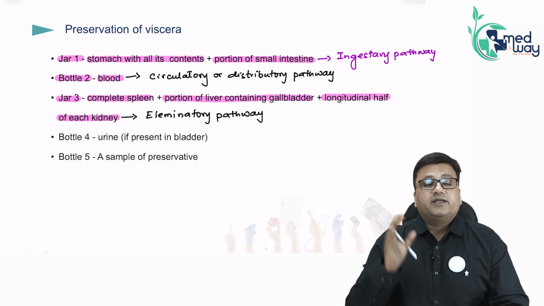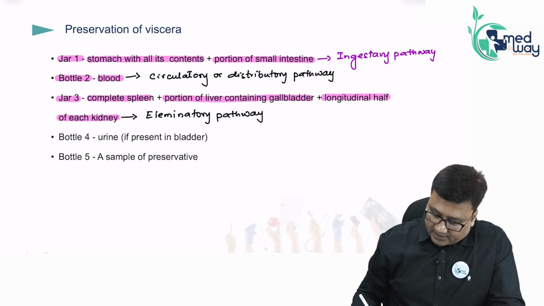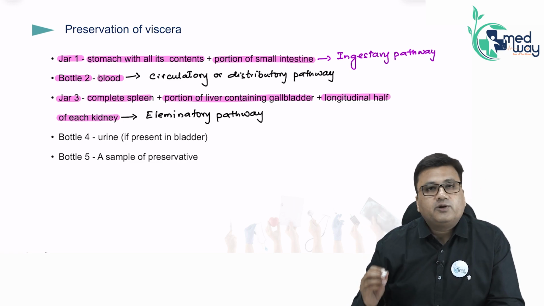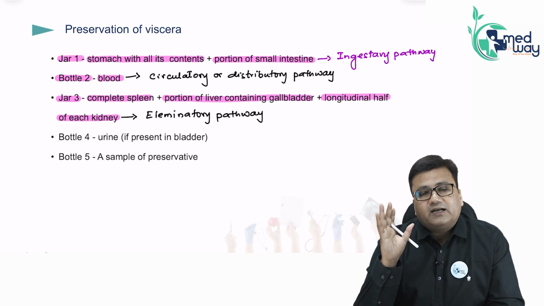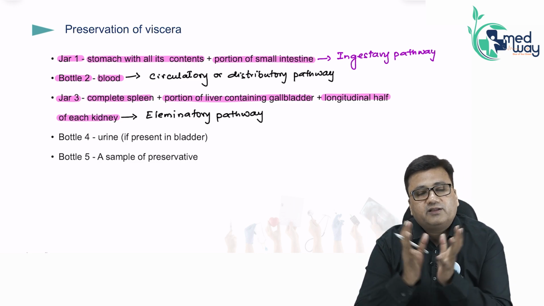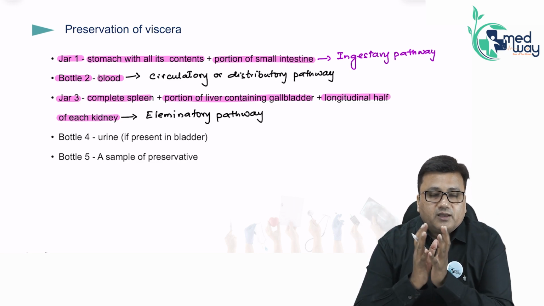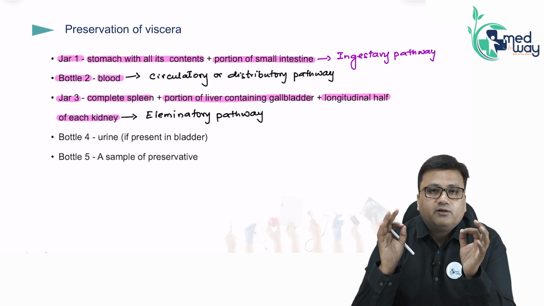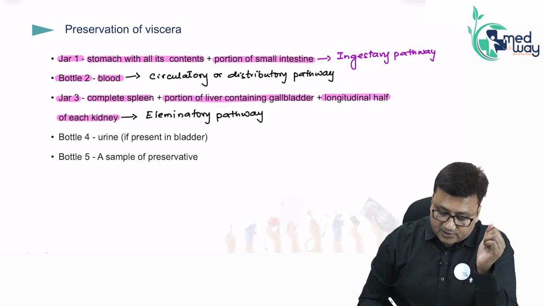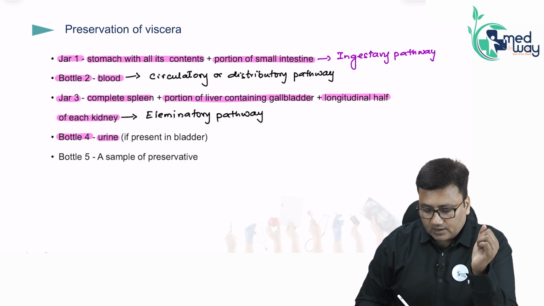right. There is one more product which represents the eliminatory pathway, and that is urine itself, but it can only be collected if, at the time of death or during autopsy, the bladder is full with urine. If the urine is present in the bladder, we can draw out the urine from the bladder, and we preserve urine in a separate bottle, right.